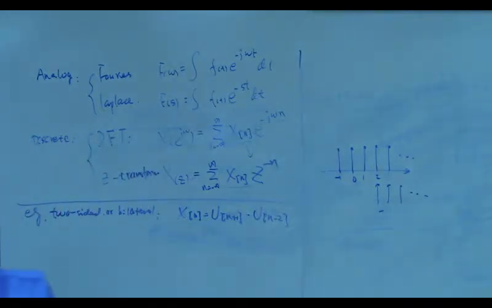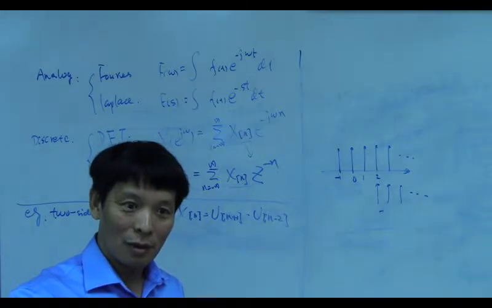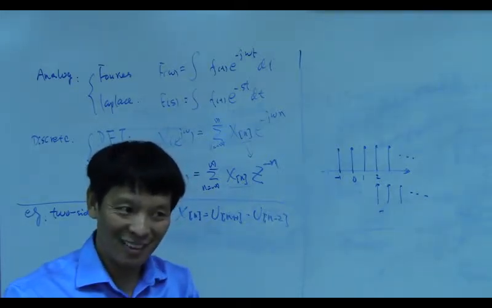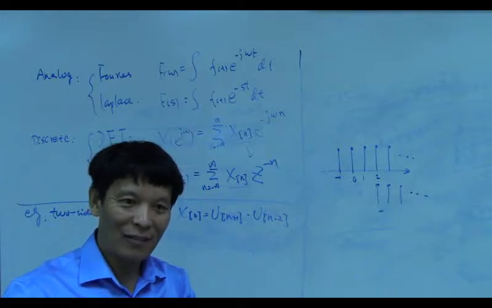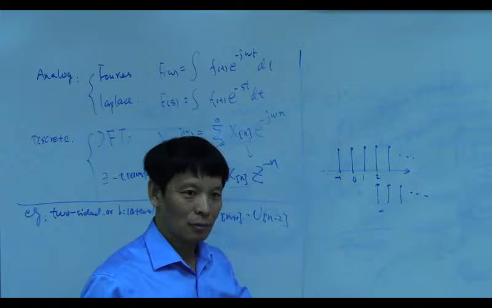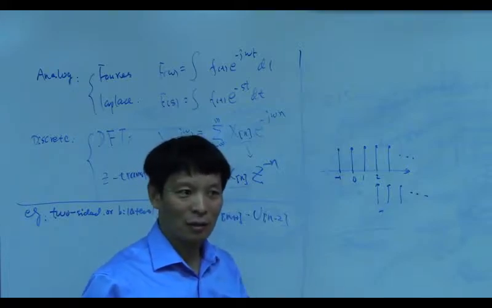You said how many non-zero values? So, 3. I don't think it's any non-zero. 3. 3 non-zero values, right?